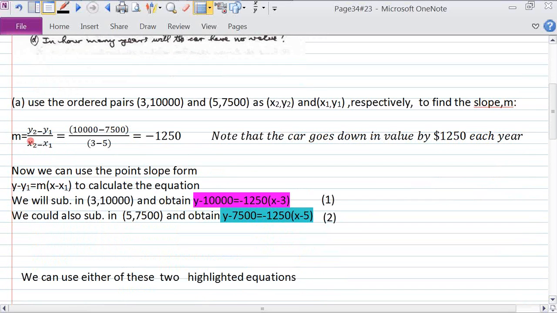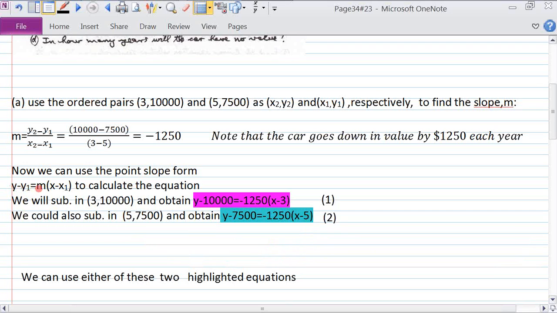So we now know the M value from the difference in the Y's over the difference in the X's. We can put this into the point slope form and say Y minus Y1 equals M times (X minus X1). And we know that M is minus 1,250. So we could put (3, 10,000), one of the ordered pairs, into this equation. We would get this one right here. And if we put the other ordered pair that we were given, (5, 7,500), we would come out with equation 2.